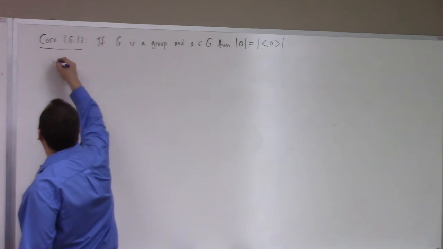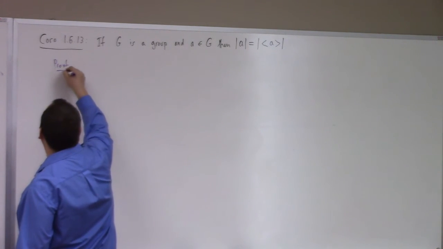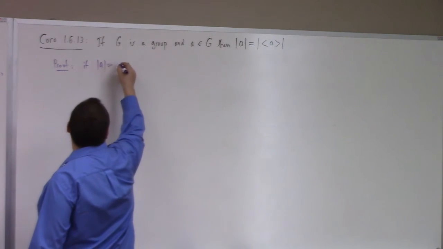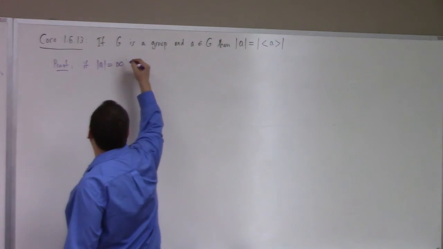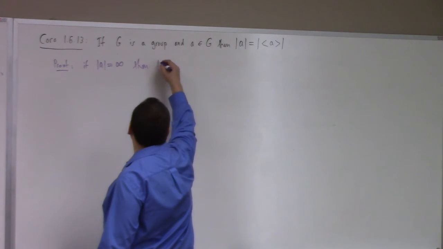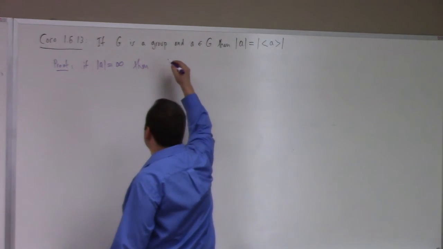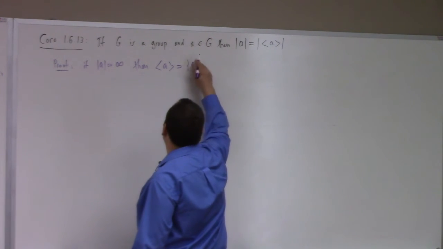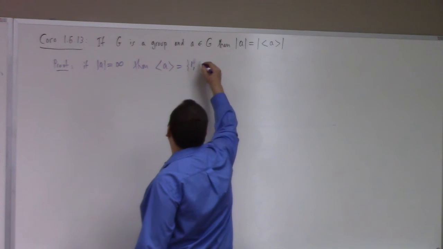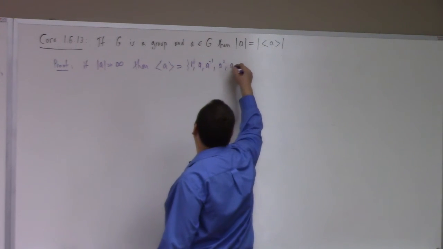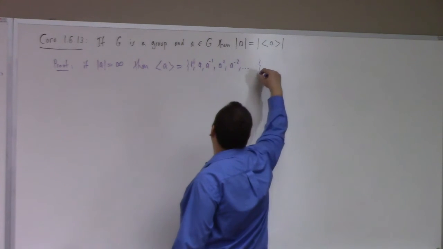So proof: if the order of a is equal to infinity, then notice that this is 1, a inverse, a squared, a to the minus 2, and so on, right?